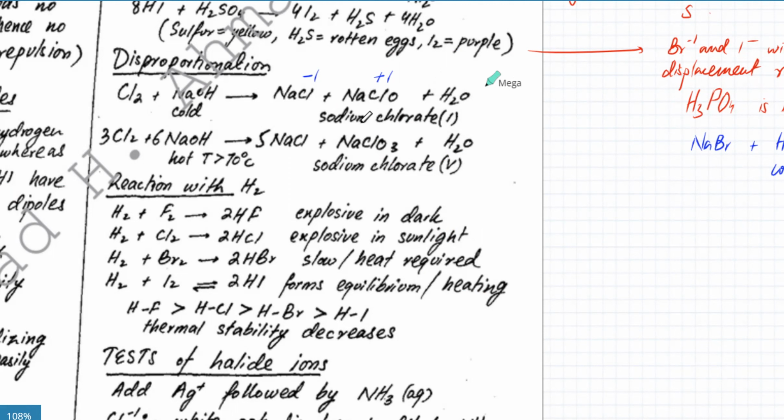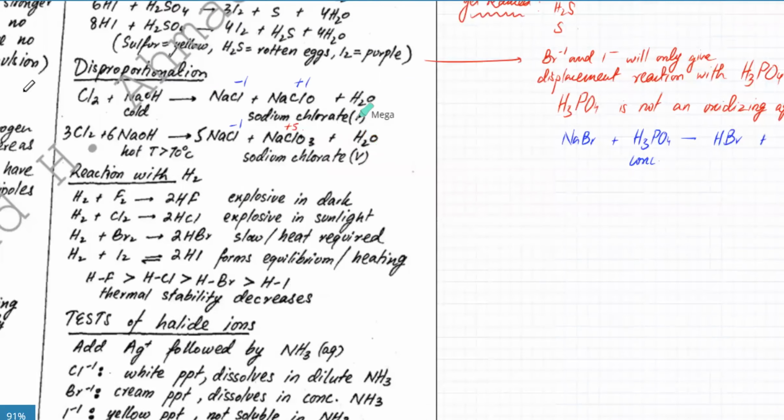Cl2 with hot NaOH, at a high temperature, would produce NaClO3. So again, Cl is getting reduced as well as oxidized. So it's a disproportionation reaction. These equations are very important, they come very frequently. So with cold NaOH, remember what's going to happen, and with hot NaOH. The difference is NaClO and NaClO3.